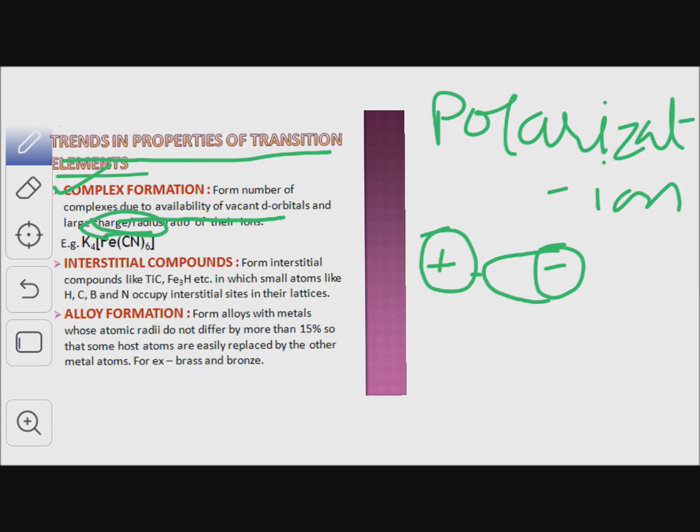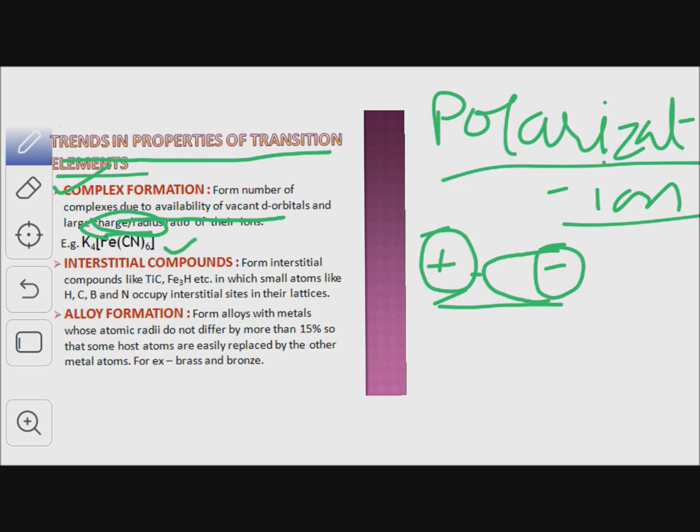And this distortion is called polarization of the anion. In the case of transition elements, they have a small size of their cations, meaning metal ions, due to which they have more tendency to show polarization.